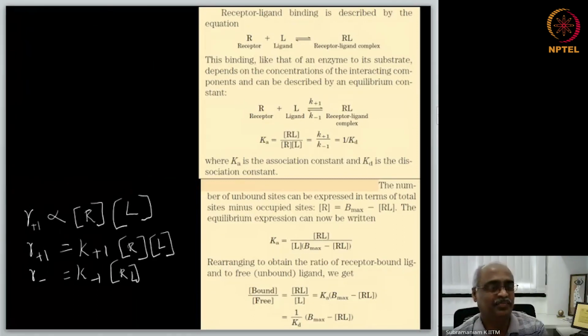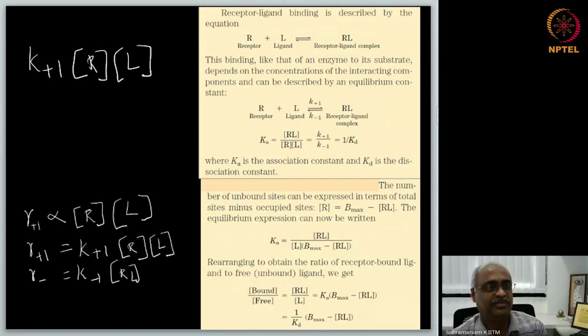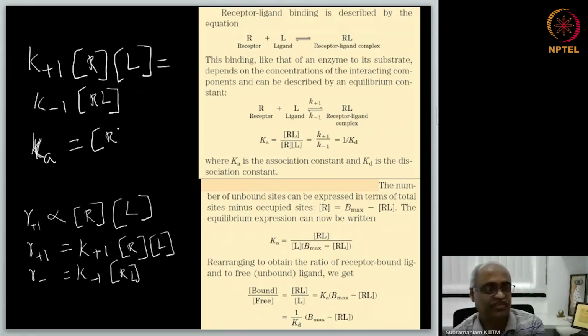Now at equilibrium, K plus 1 times R times L will be equal to K minus 1 times RL, right? And if you take these two constants out, that is going to be the equilibrium constant, the capital K. These should be small k for the forward.